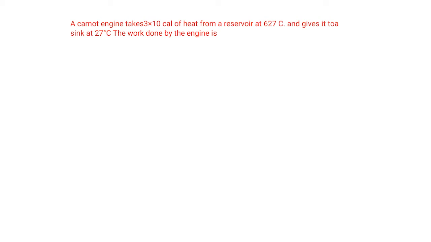Work done by the engine is. So this is 3 into 10 to the power of 6 calories. So these are the options. A, 4.2 into 10 to the power of 6 calories. B, 8.4 into 10 to the power of 6 joule. Okay, this is also joule.